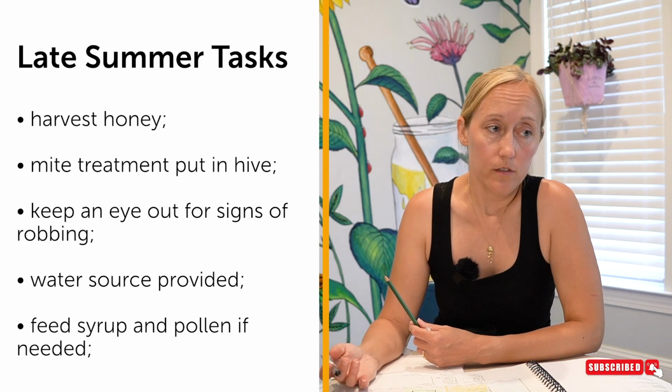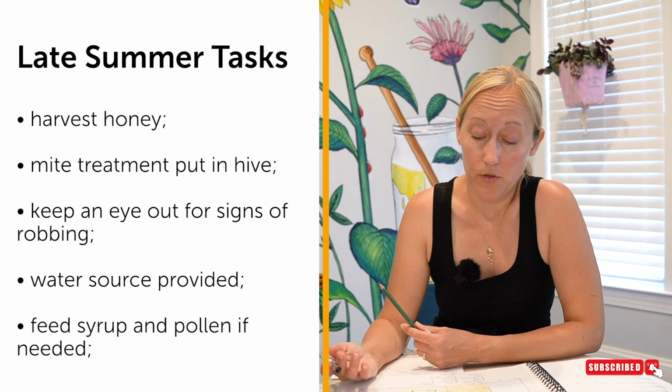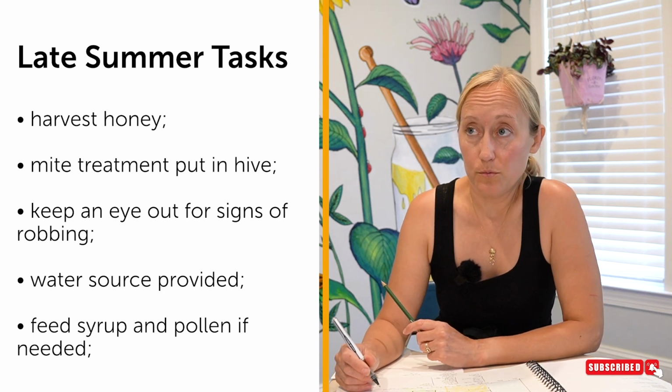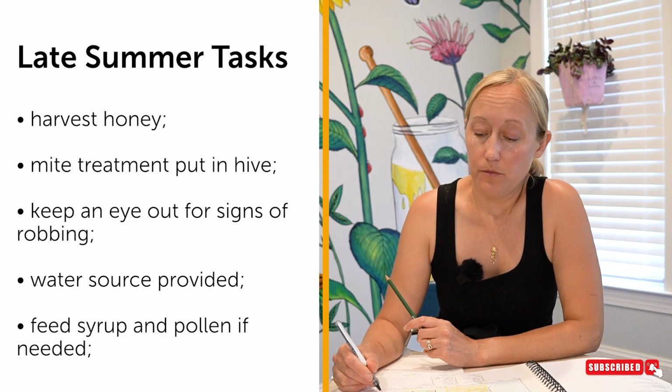So last year it was Halloween and it was 80 degrees and beautiful, but it got very cold very fast right after that. So I am going to say, as a precaution, I'm going to want to be prepared to put in a treatment. Actually, this is the best time to use oxalic acid.